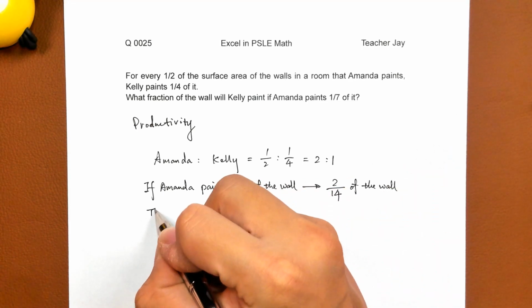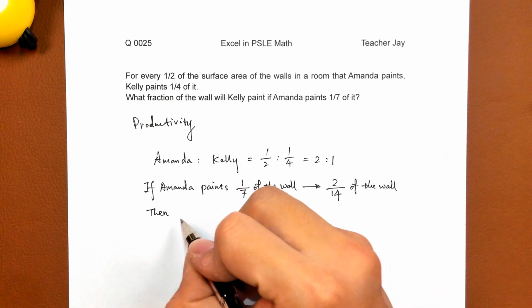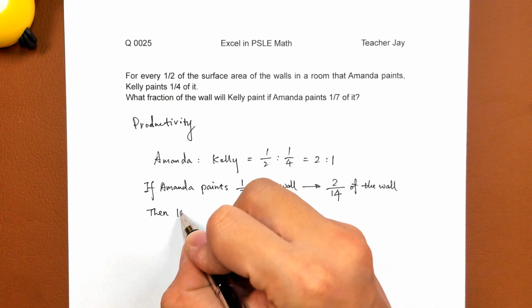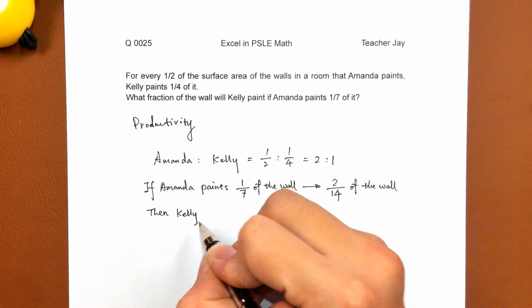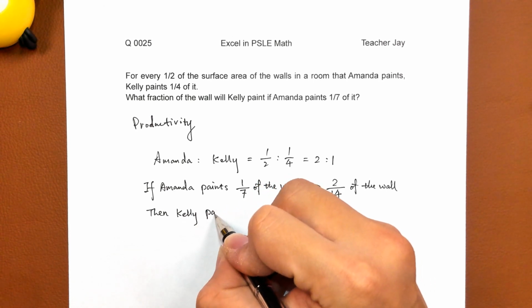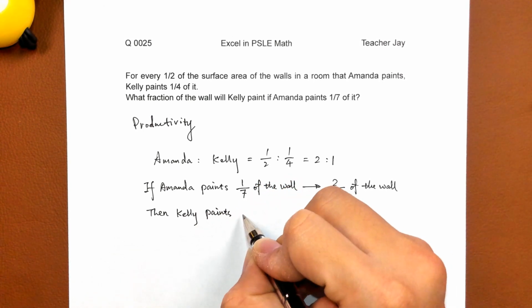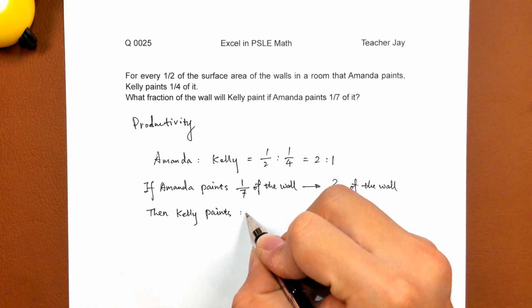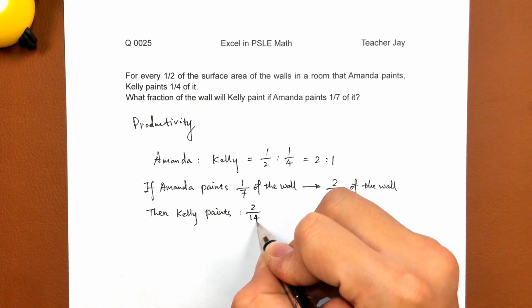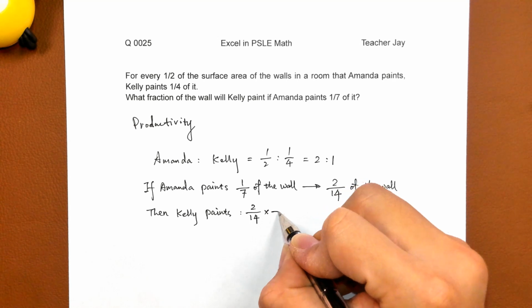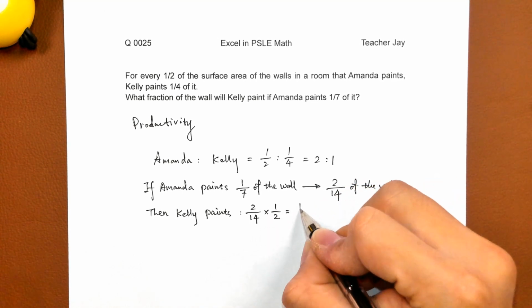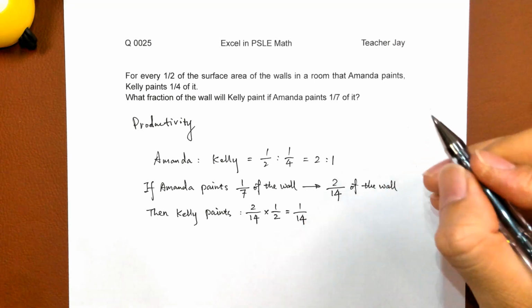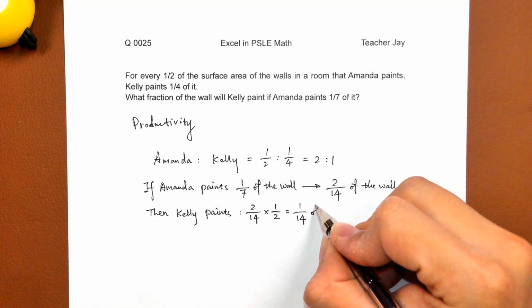Since the working rate of Kelly is just half of what Amanda does, Kelly paints half of it. 2/14 times half equals 1/14 of the wall.